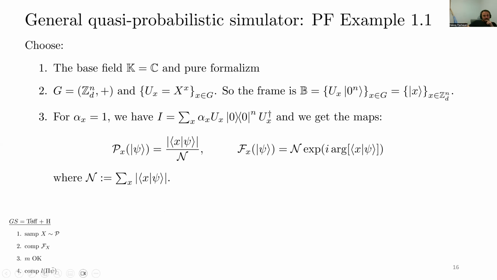A good gate set where you might use this is the Toffoli plus Hadamard, and so let's talk about whether you can sample X from this probability distribution. Yes, you can. I mean, it's a product basis. When you act with a Toffoli on computational basis states, you get computational basis states.